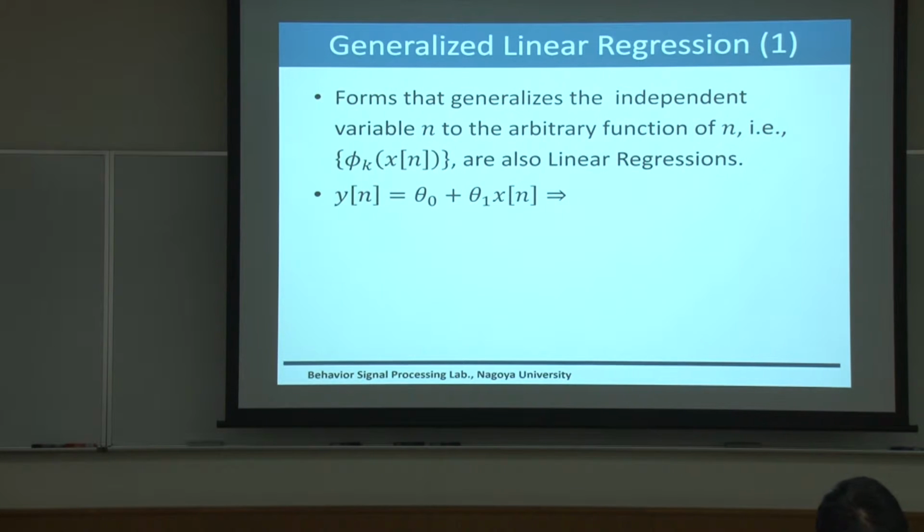For instance, you can generalize this to something like theta 0 plus theta 1 x n plus theta 2 x n squared.